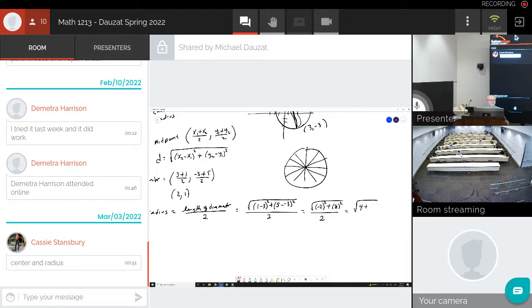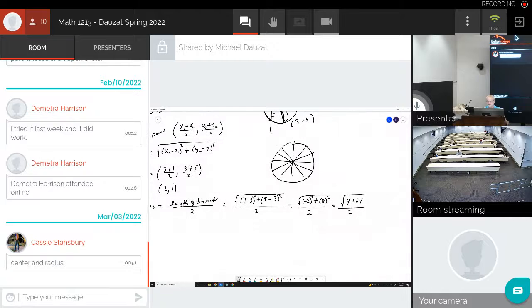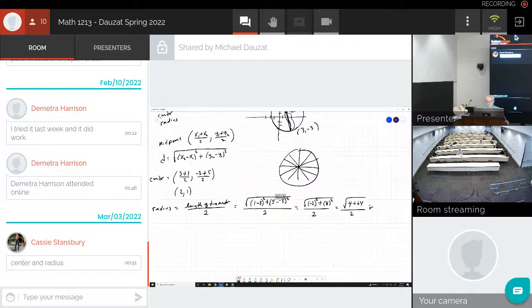And what's 8 squared? 64. All that being divided by 2. What's 64 plus 4? 68. All that being divided by 2, right? Okay. So you found the length of the radius. The radius is the square root of 68 divided by 2.